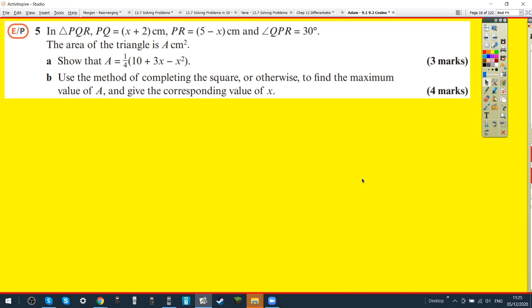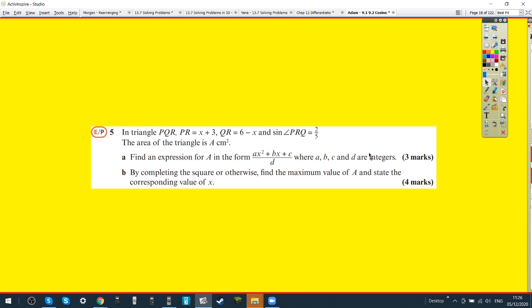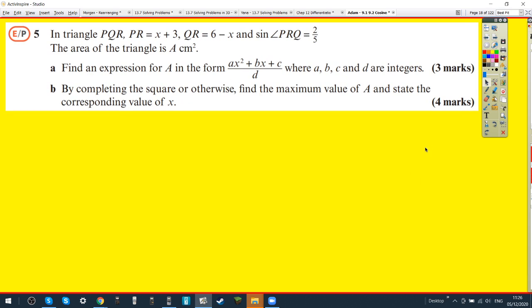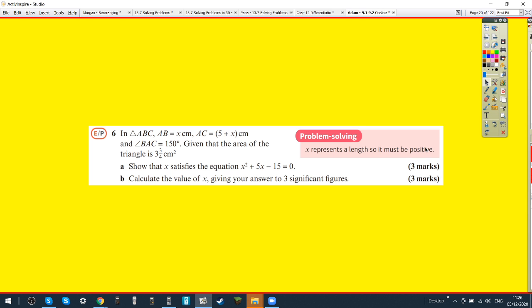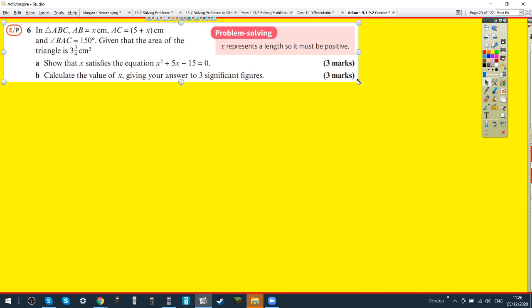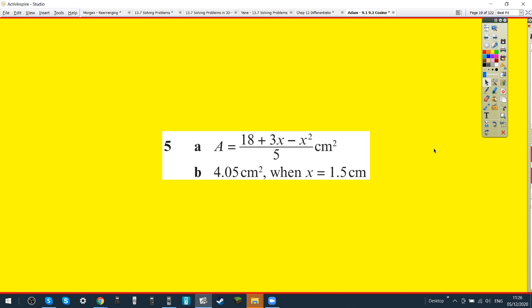Let me see this thing. No, it's fine. Let's see. Find an expression for A and then the maximum. Same stuff. Man, are they really pushing this? Calculate the value of x. Calculate the value of x is what I thought we should be doing.